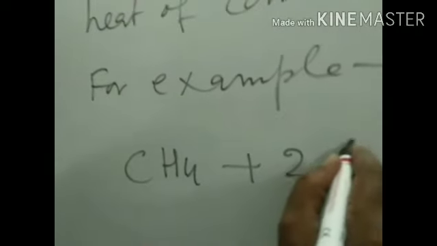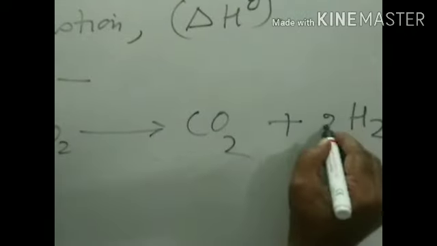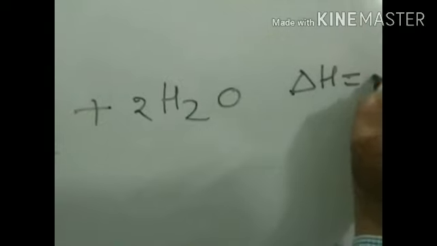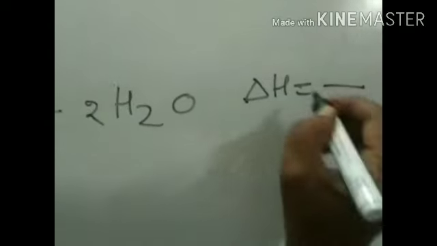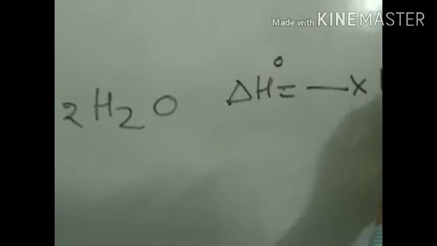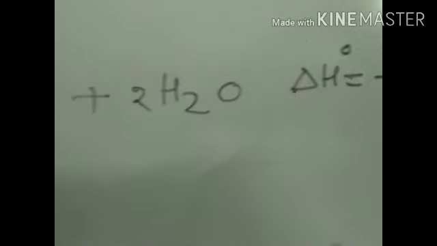It reacts with oxygen of the air, carbon changes into CO2 and hydrogen changes into H2O, plus some amount of negative energy is released. This may be X kilojoule. This value may be something.